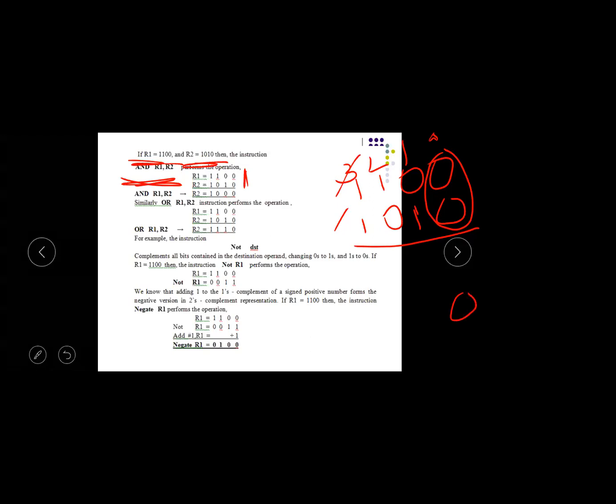For the first bit position, 0 and 1, the AND operation is 0. Similarly for the next, the AND operation is 0. Similarly for 1 and 1, the AND operation is 1. Now this is the AND operation between the two registers R1 and R2.